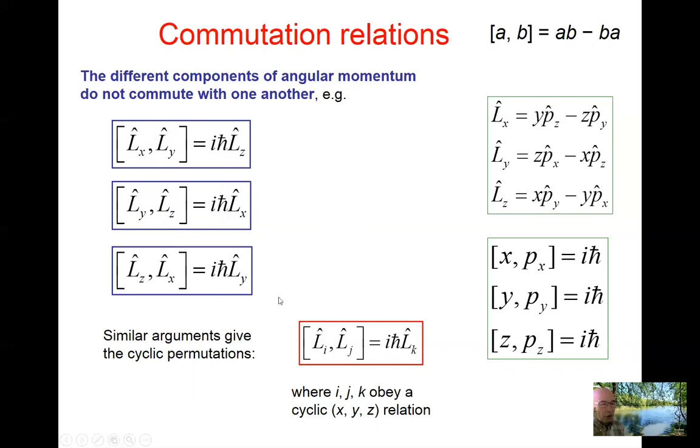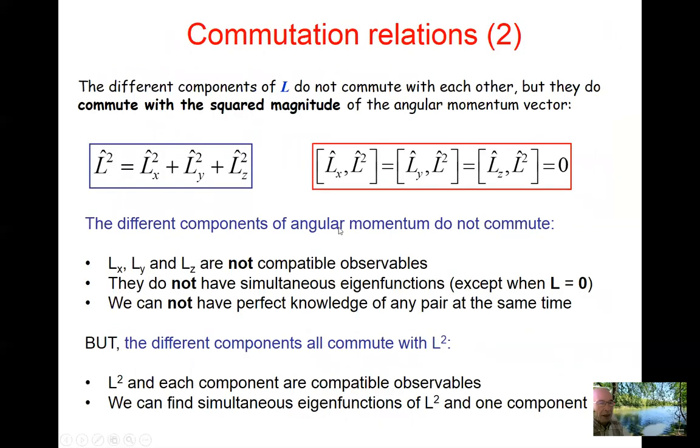Therefore, we write this commutator and calculate it. And what we find out is that they never commute with one another. That means that actually you can never measure Lz, Lx, and Ly simultaneously. But an important thing about them is that they do commute with the squared magnitude of the angular momentum vector. And so this commutator is equal to 0.